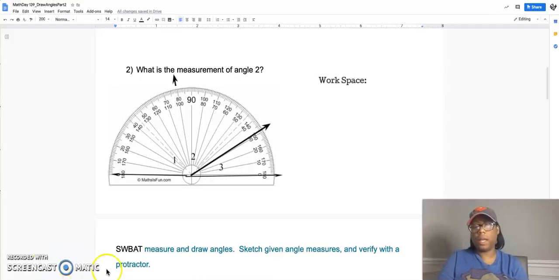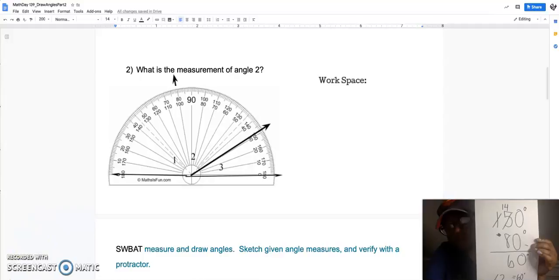So if we look at our angle, we have angle 1 and angle 2, and lastly we have angle 3. Now angle 2 starts at 80 degrees and it ends at 150. So who can tell me what we're going to do? So we have to find the difference. That means we're subtracting. We're taking 150 and we're taking away 80 of that.